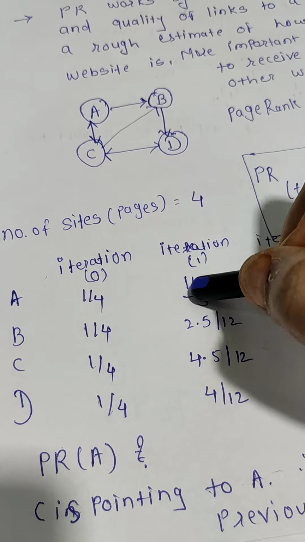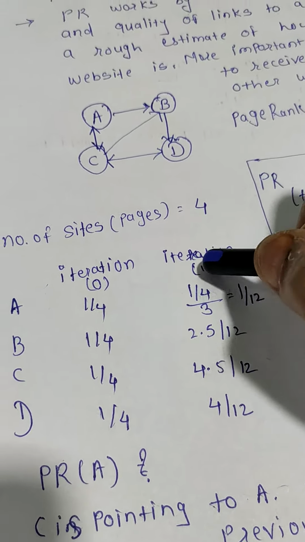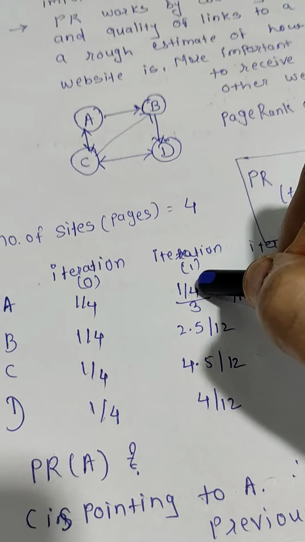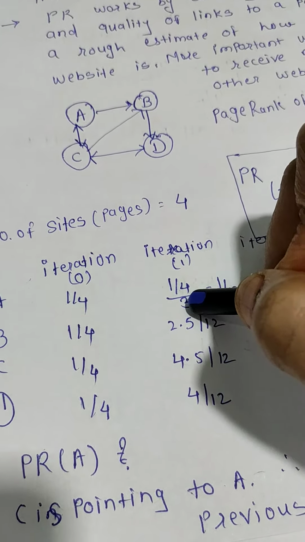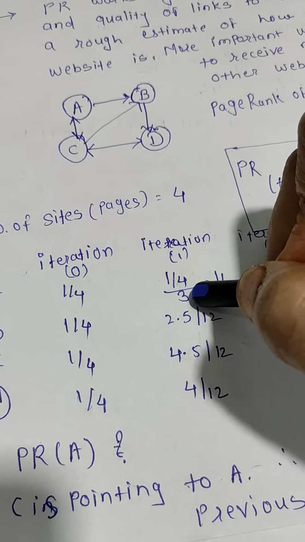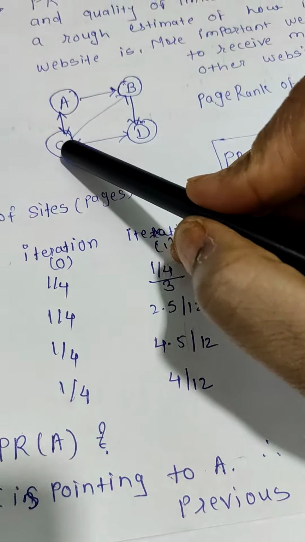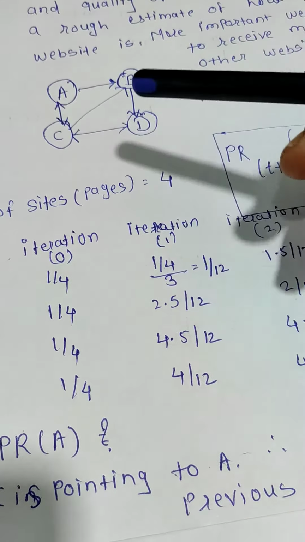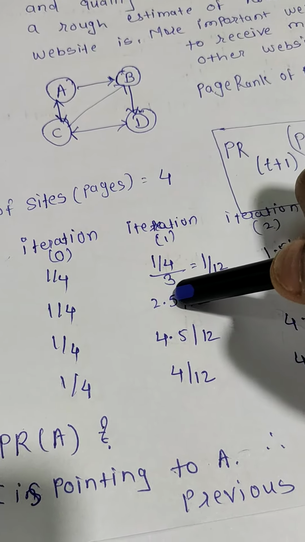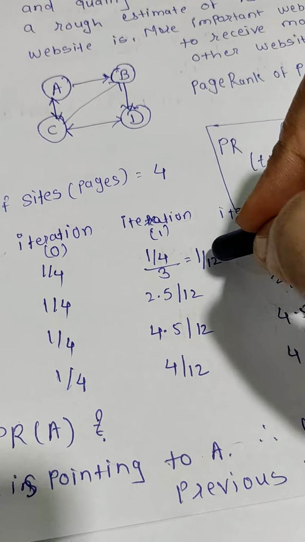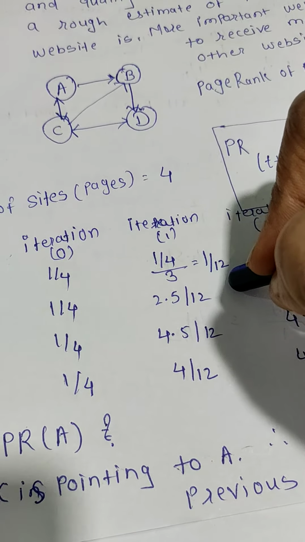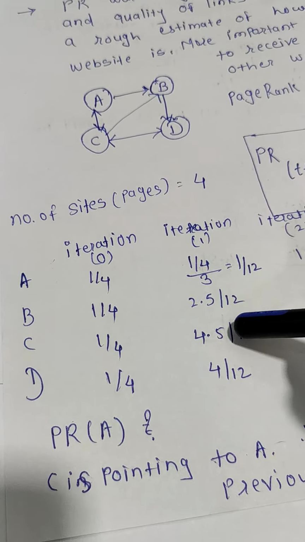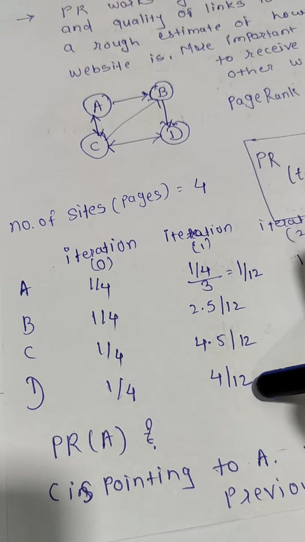So the PageRank of site A is 1 by 4, which is the PageRank of C in the previous iteration, divided by the number of outgoing links of C. From C we have 3 outgoing links, therefore 1 by 4 divided by 3. So we are getting 1 divided by 12. In this way we can calculate the PageRank of B, C and D.